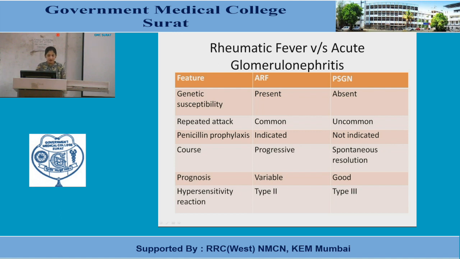Prognosis is variable in ARF, either good or poor, but in PSGN there is always a good prognosis. The hypersensitivity reaction that plays a role in ARF is type 2, and in PSGN, because it is an IgG-mediated antigen-antibody complex, a type 3 hypersensitivity reaction plays a role.